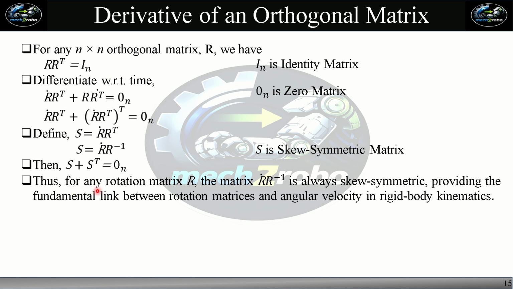And thus for any rotational matrix R, the matrix R dot R transpose or R dot R inverse is always a skew symmetric matrix, which provides the fundamental link between the rotational matrices and the angular velocity in rigid body kinematics.